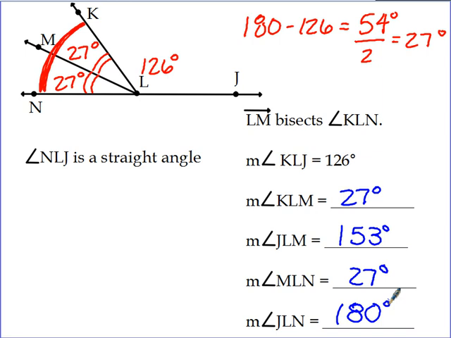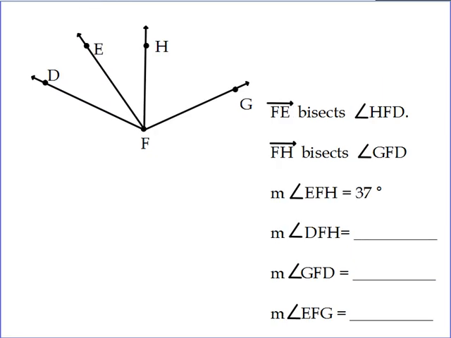Alright, two more. Here's another one with two different bisectors happening. First it tells me that FE bisects HFD, so HFD, FE is going to cut that in half. And then it tells me that FH bisects GFD, so FH bisects the whole thing, so this side is the same as that whole angle.